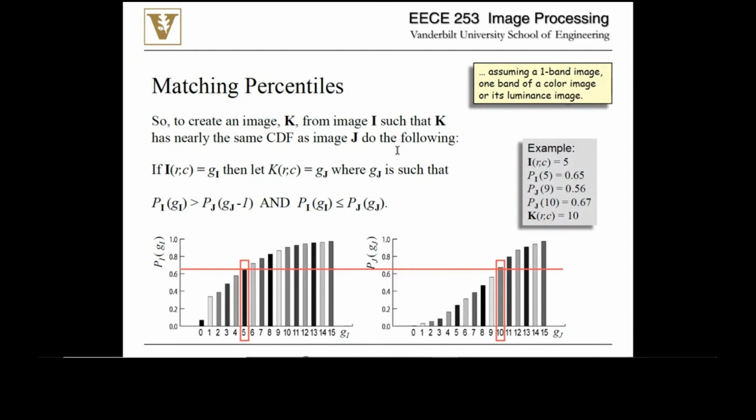So I have to find a gray value g_j such that the one before it is smaller than the value I'm looking for, and the one at g_j is larger or equal to the one that I'm looking for. Okay. So this 65 is between 56 and 67.